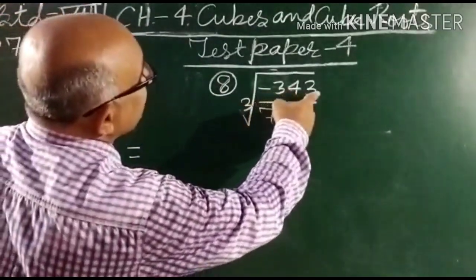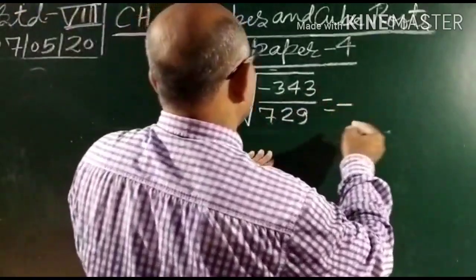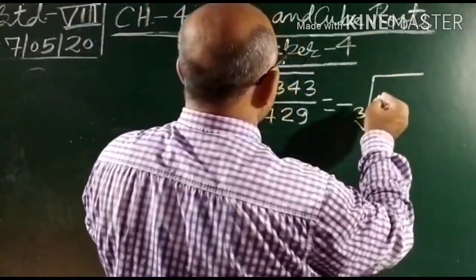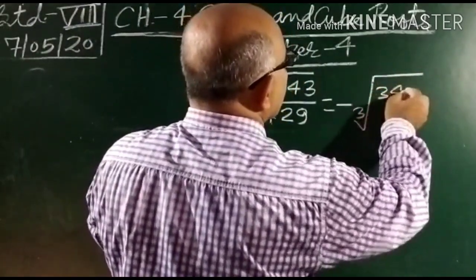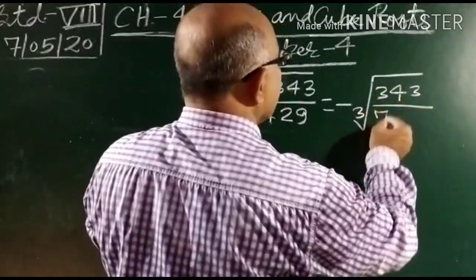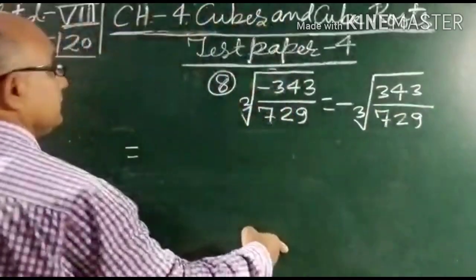Question number 8 is cube root of minus 343 by 729, equal to minus cube root of 343 by 729.